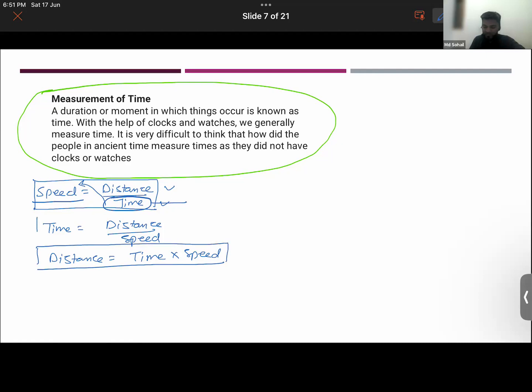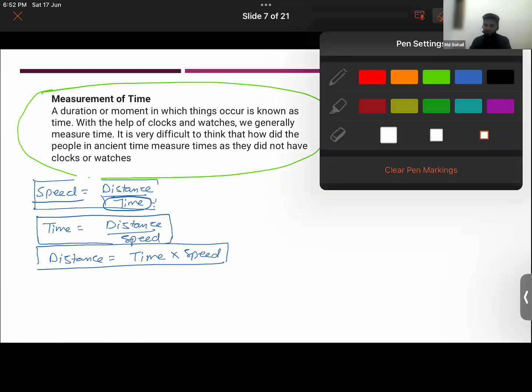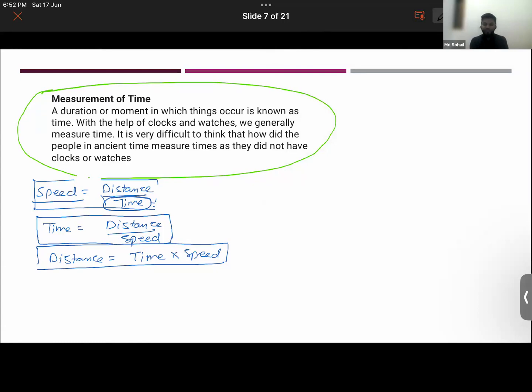For the moment, remember these three formulas. What are the formulas? Speed equals distance upon time. Time equals distance upon speed. And distance equals what? Time multiplied by speed. Just remember these, or write these three in your copies, because we are going to solve a few numericals and you will need these formulas. Quickly write these three formulas in your copy.